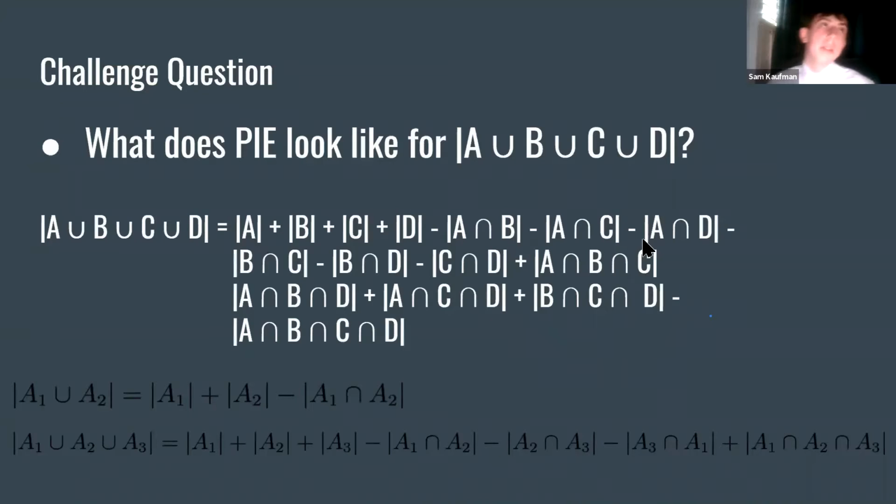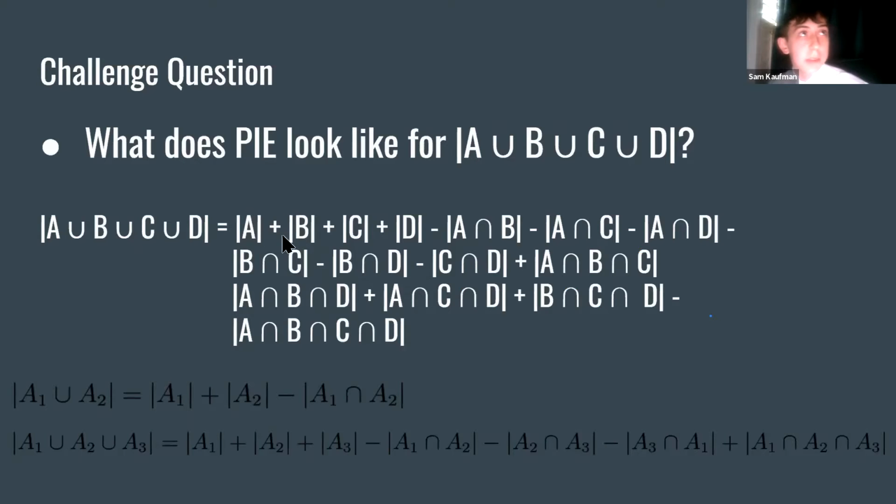I'm gonna go, yeah, this is pretty long, but this is what the full answer looks like. It's worth noting that we're not actually adding the sets themselves. We're adding the size of the sets.